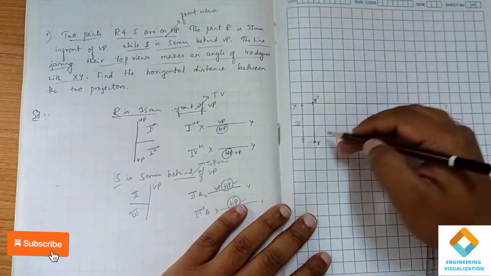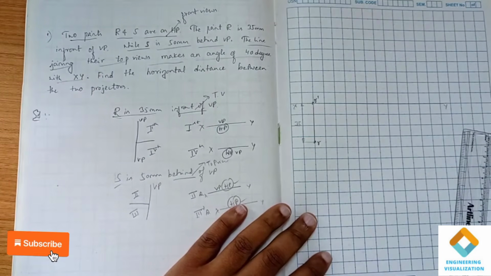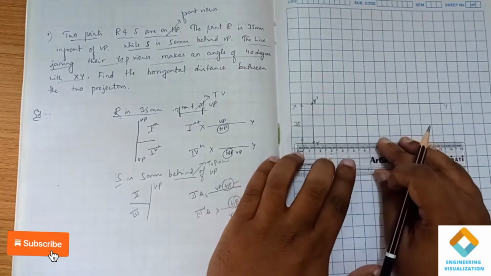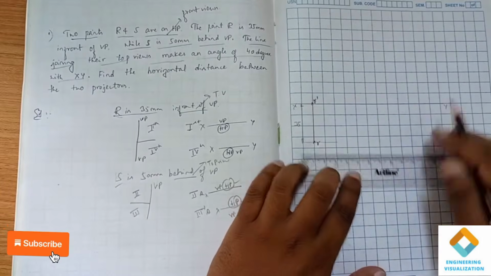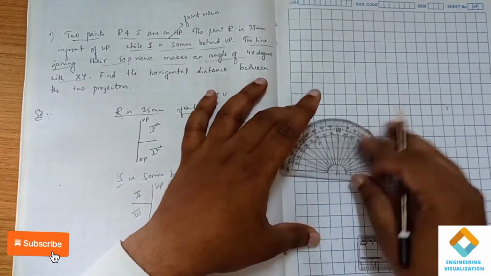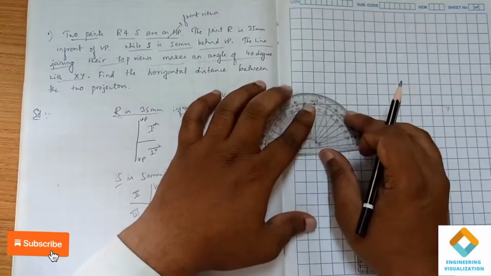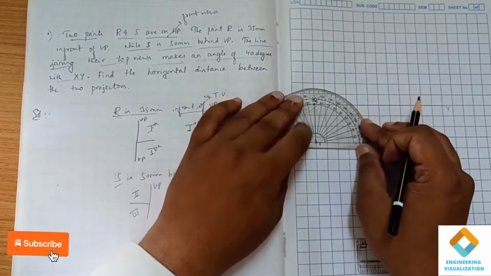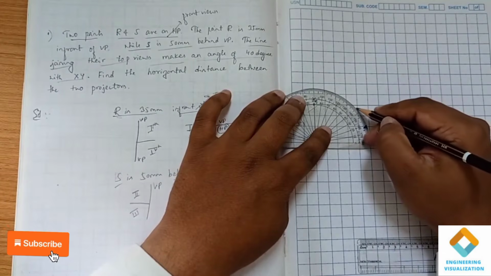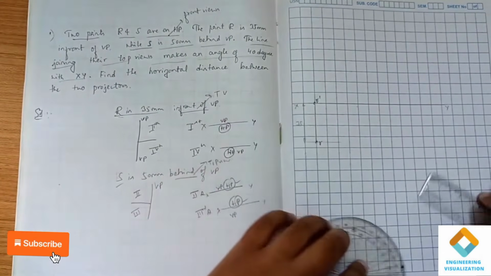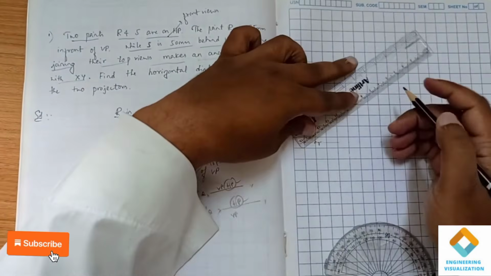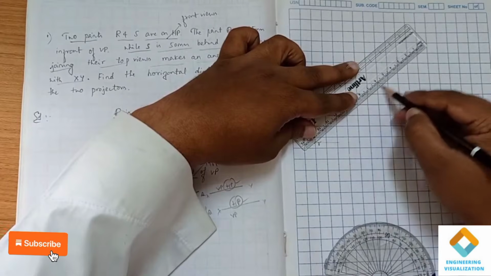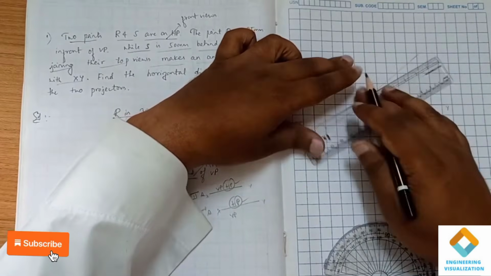We have to draw a 40 degree angle line. So mark 40, and from this point just draw a straight line.